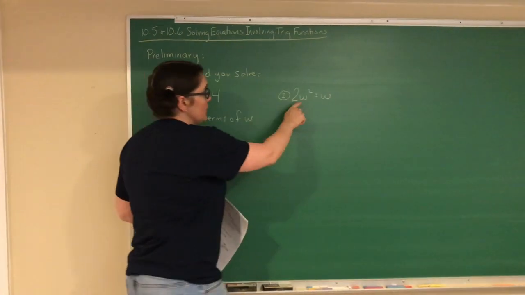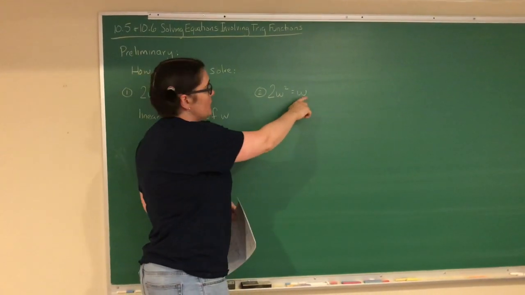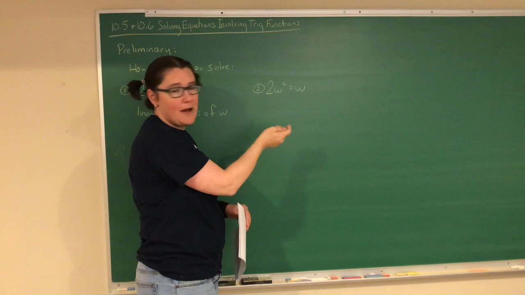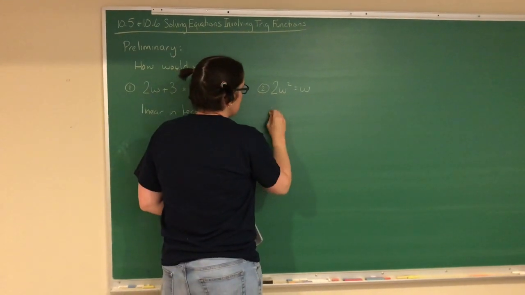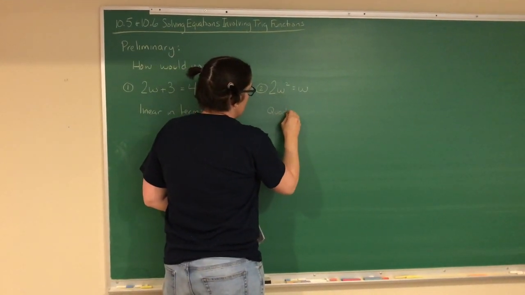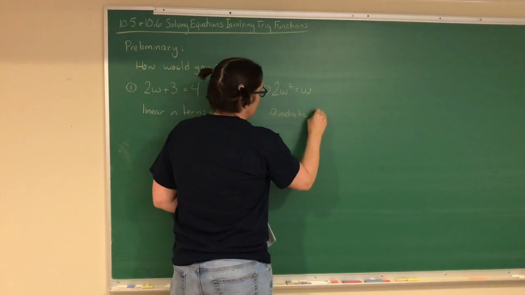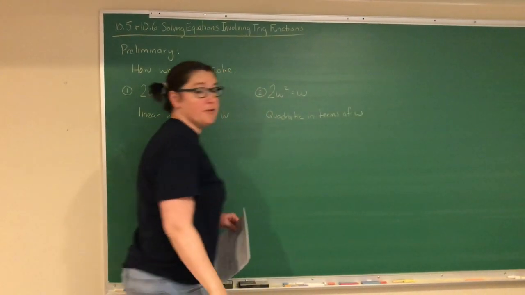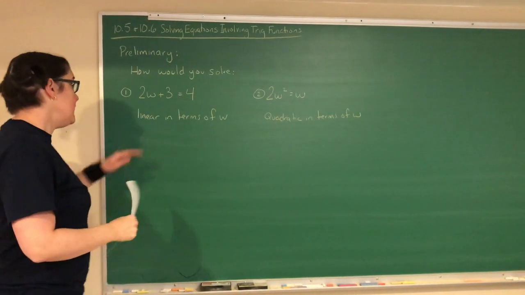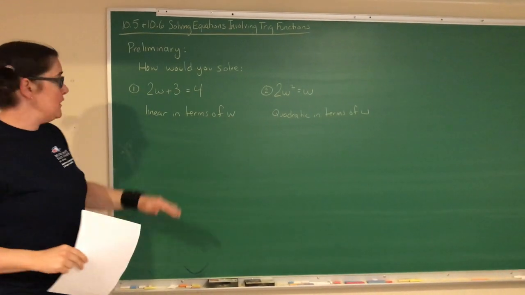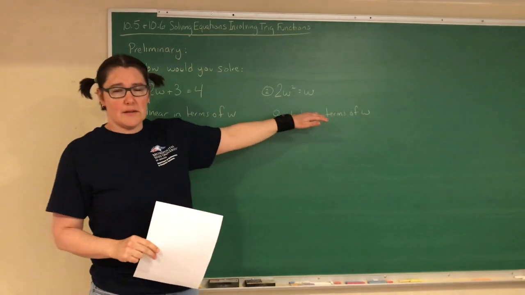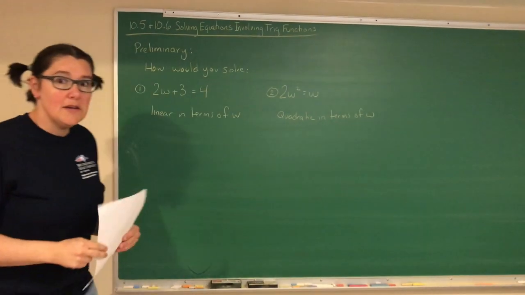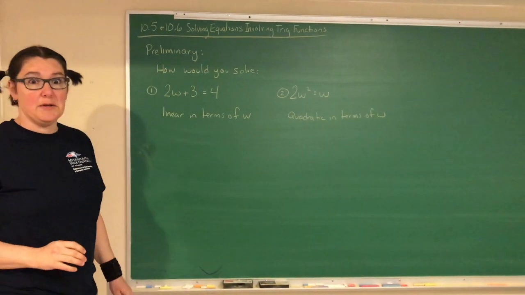And the second equation has a w squared as well as a w, and the highest power is a power of 2, and so we would say that this equation is quadratic in terms of that variable w. Because these are two different types of equations, a linear equation and a quadratic equation, my strategy for solving each of these is going to be a little bit different.